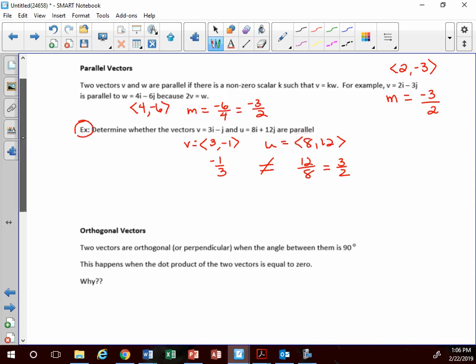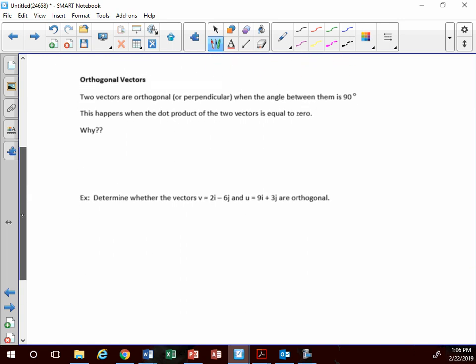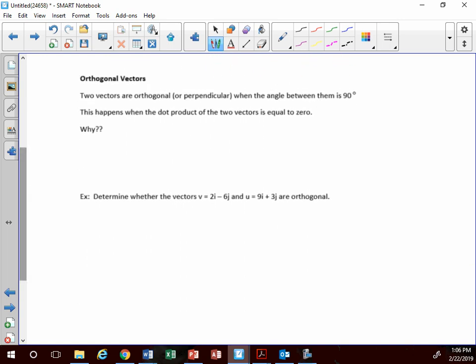And then let's look if they're orthogonal. Orthogonal just means perpendicular. So first, if we're thinking about them being perpendicular, that means the angle between them is 90 degrees, right? And it happens when the dot product of our two vectors is equal to 0. Why is that true? Why would u dot v equaling 0 matter for a 90-degree angle?